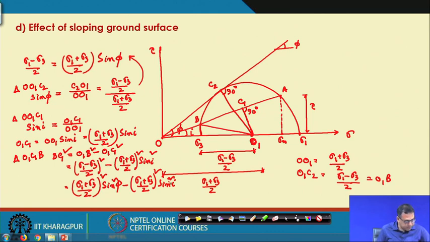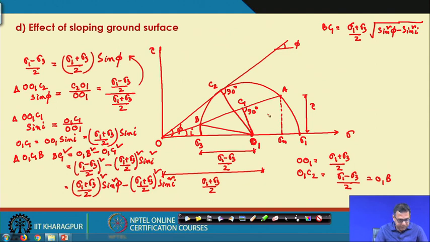Now, from here I can write that BC1 square, if you take sigma 1 plus sigma 3 by 2 whole square common, will be sin square phi minus sin square I. So, I am taking the root, and this will give you the value of BC1, equal to sigma 1 plus sigma 3 by 2 times root over sin square phi minus sin square I.